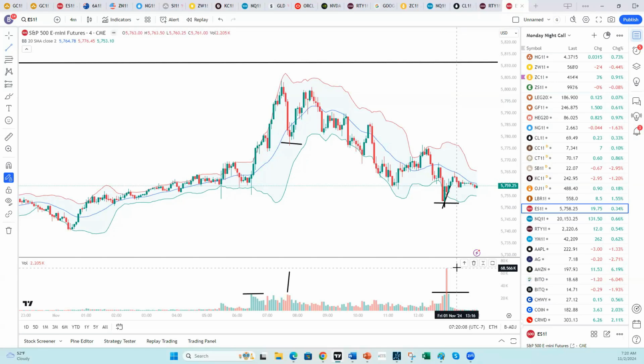We would have added to our position, bringing our average significantly lower, allowing us to make money faster, because our assumption is the trade itself is going to work about 75% of the time.